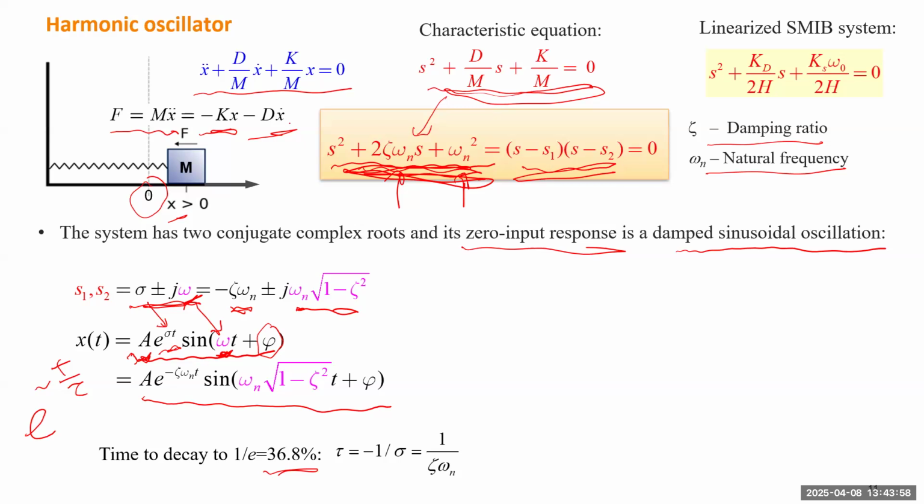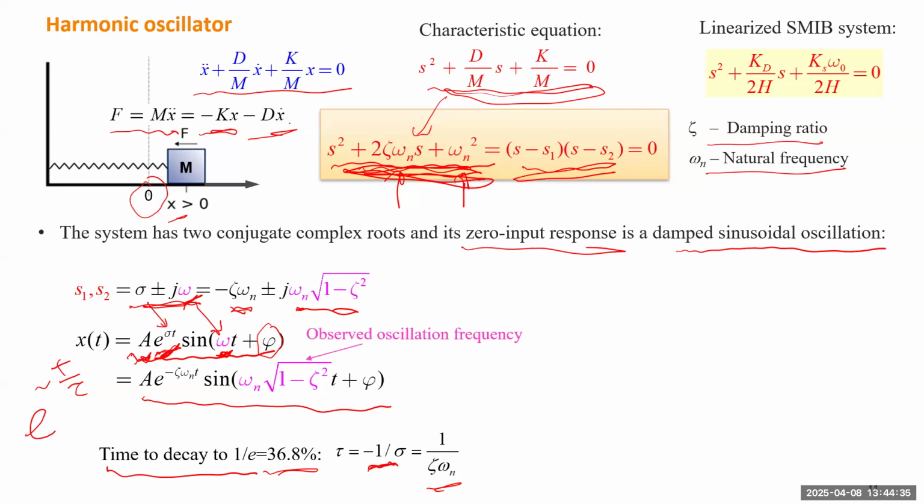If you can write any time function as an exponential function of time, the tau tells the time to decay to about 37%, which means after the time of tau, the majority of the amplitude has decayed. For this case, because the exponential function has exponent sigma t, we immediately know tau will be negative 1 over sigma, or 1 over zeta multiplied by omega n.